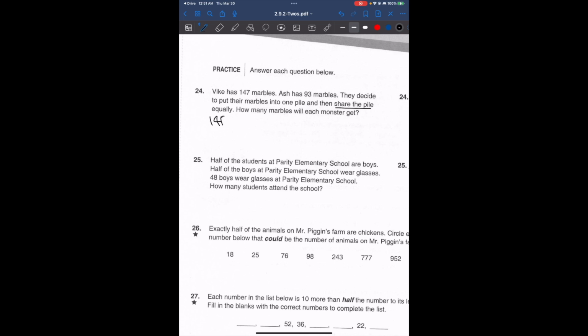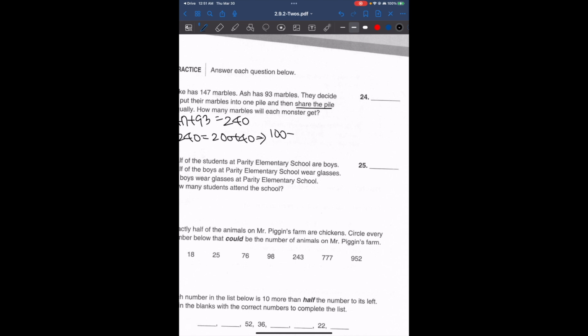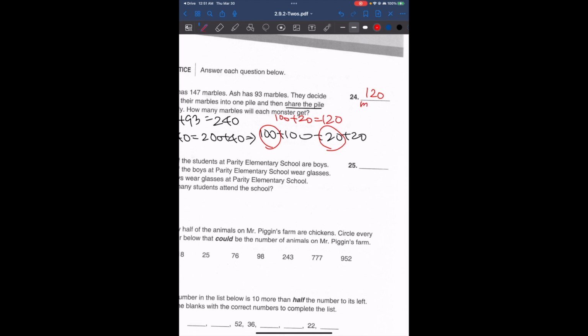So basically we're doing 147 plus 93, and that gives us 240. 240 can be rewritten as 200 plus 40, which is 100 plus 100 plus 20 plus 20. So taking halves, we're doing 100 plus 20. So that's going to be 120 marbles each.